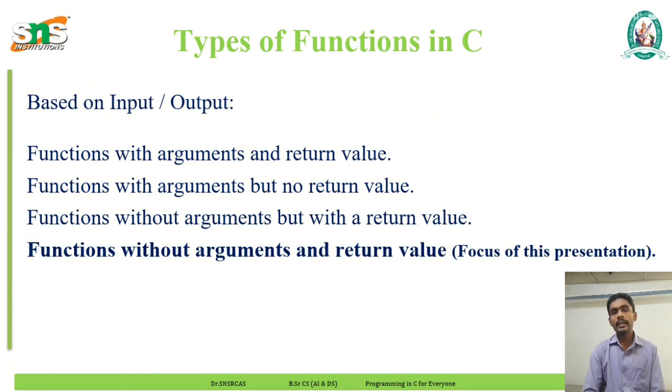So basically, types of functions depend on input and output by the user and are categorized into 4 types: function with arguments and return value, function without argument and return value, function with argument but no return value, and function without argument and return value.